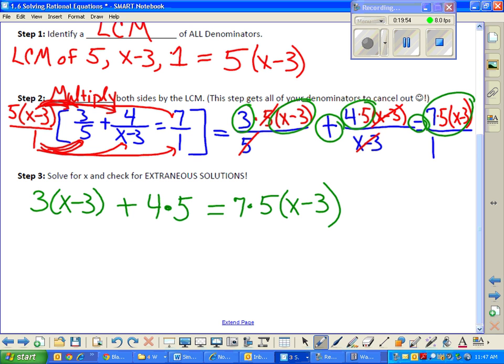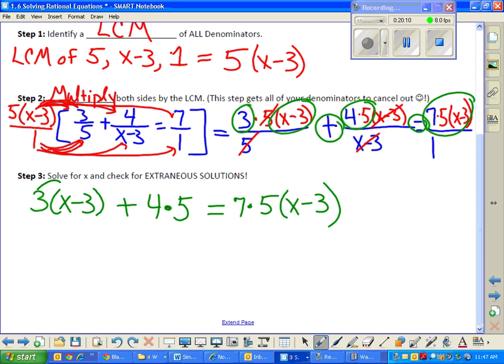So now when I go to solve, you know that the first thing we have to do is simplify both sides of that equal sign a little bit. When we simplify, what I mean by that is you're going to use your distributive property and combining like terms to make both sides of the equal sign a little bit easier to work with.